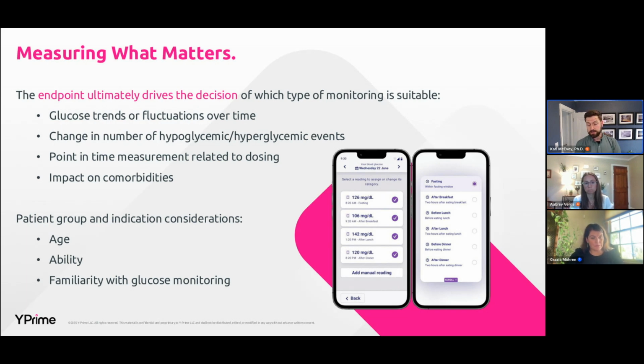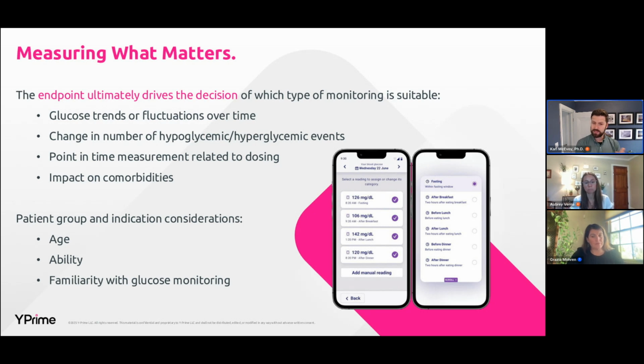I think ability comes into play. And in this scenario, I think more about pediatric populations. We don't necessarily want to have a parent pricking a child a couple of times a day. There's a lot of burdens, a lot of stress on patients, on the child, on the parents. So perhaps in that scenario, CGM is better.